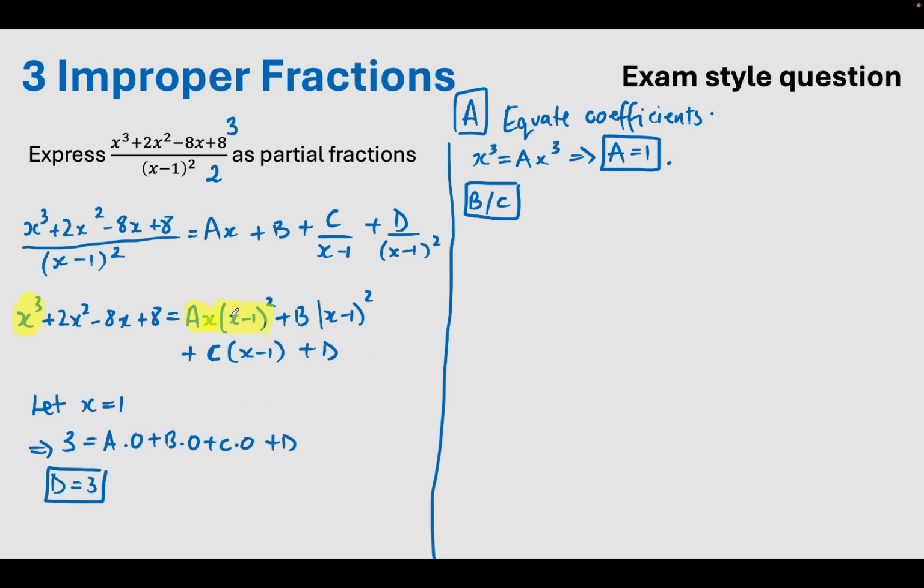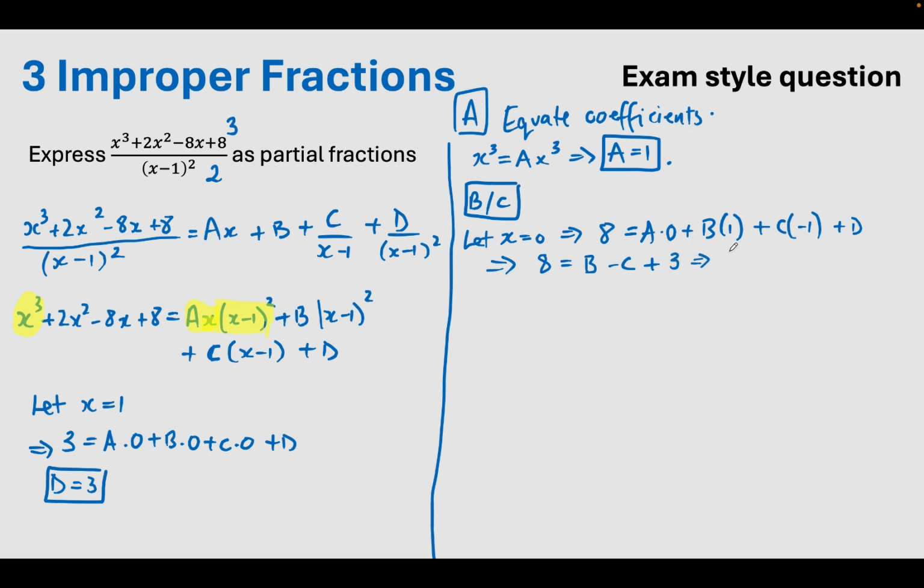Let's start with something nice. So we can eliminate A from this anyway. So let's go ahead and do that. So let's say let x equals 0. Now if I do this, on my left hand side I get 8 equals, I get A times 0 plus B, and it's 0 minus 1 squared, so it's just B times 1, plus C times negative 1 plus D. So I now get 8 equals B minus C plus 3.